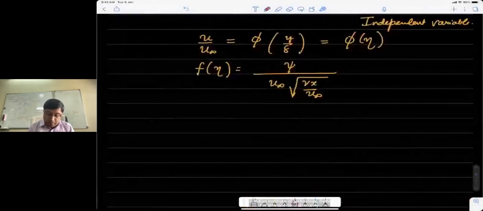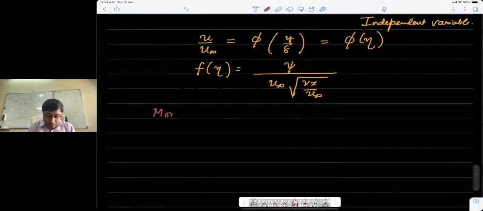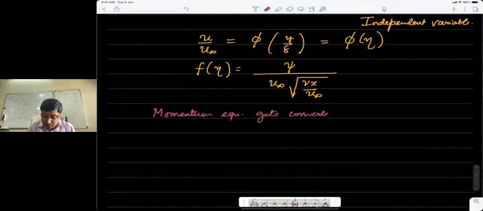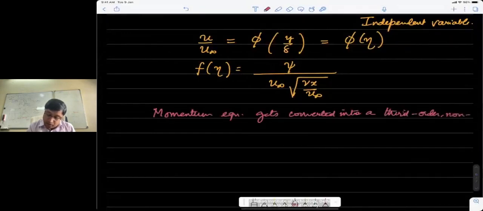So using these, and I'm jumping these steps now, the momentum equation gets converted into a third order nonlinear ordinary differential equation.